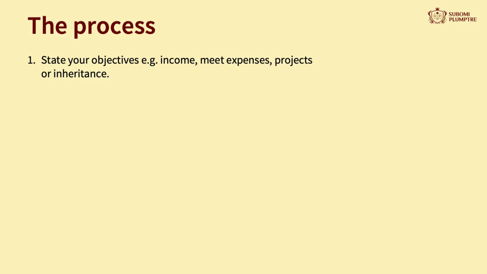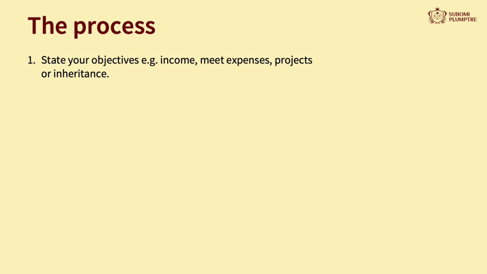So here's the breakdown of the investment planning document. The first thing is to state your objectives. Are you trying to develop an income plan? For example, if you refer to my investment cascade model, is that what you want to do? You want to be able to generate income on a monthly basis, or are you trying to save or invest towards a project? So it's a 5-year project, 3-year project, or are you setting aside an endowment fund for your children?